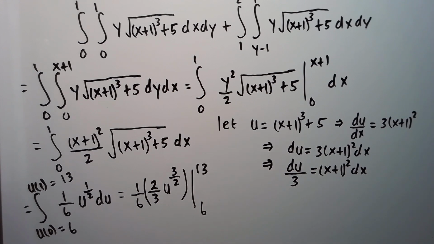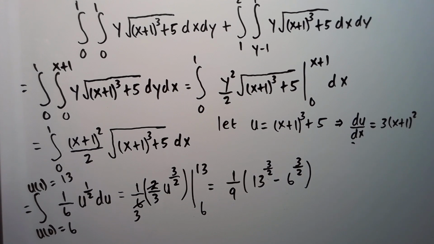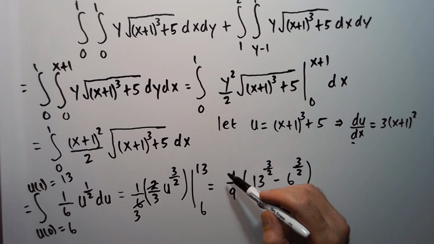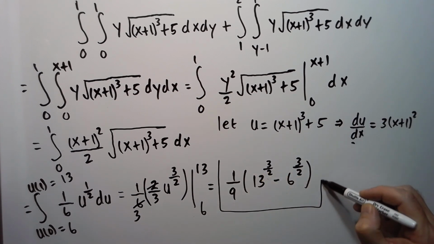Also, the 2 will cross off, and a 6 here becomes a 3 here, so it becomes 1/9 in front. Then putting 13 in there will be 13 to the 3/2, then putting 6 in there, minus 6 to the 3/2. Whatever that is, I'm just going to leave it like this. This is our answer here.